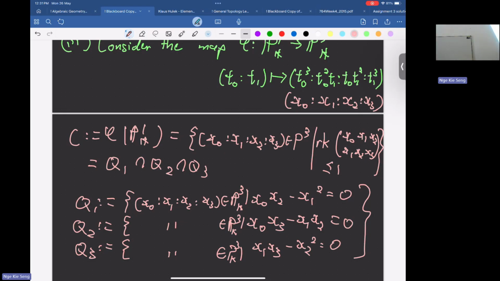What's a minor? If you remove any column, then you compute the determinant, you get one of these. If you remove the first column, you get x1 x3 minus x2 squared, and so on. If you want to make sure your rank is less than or equal to 1, then you need to make sure all these minors are 0. This is linear algebra.